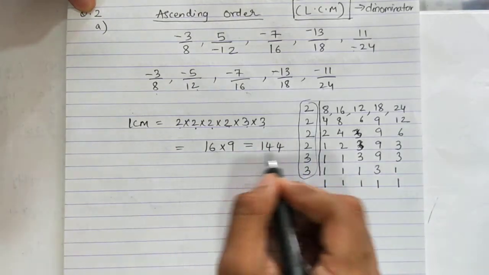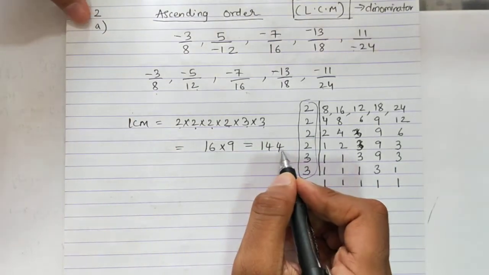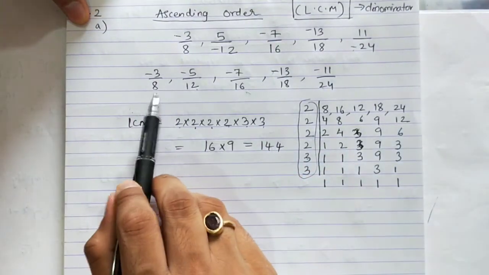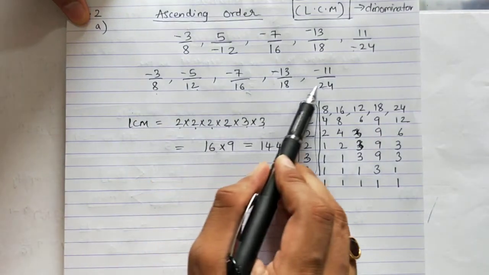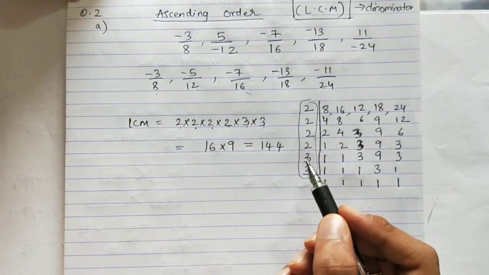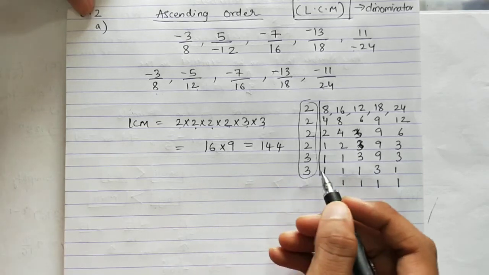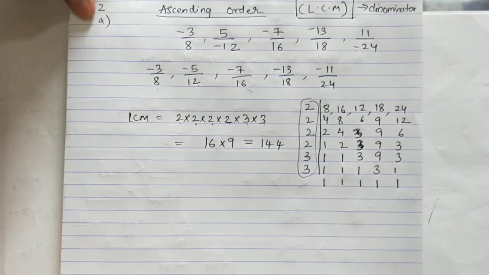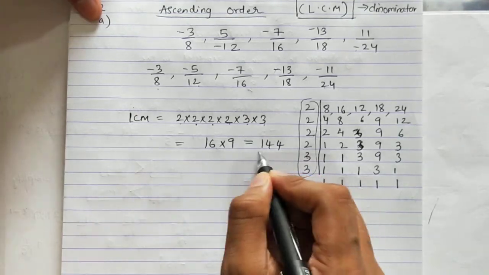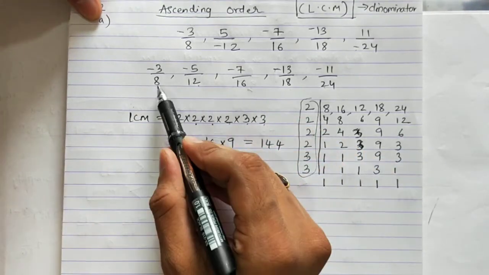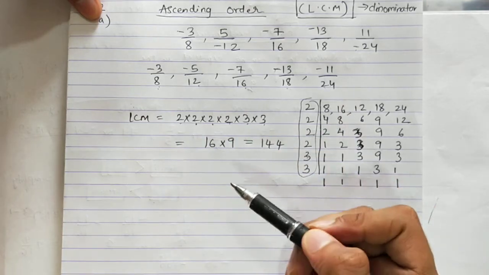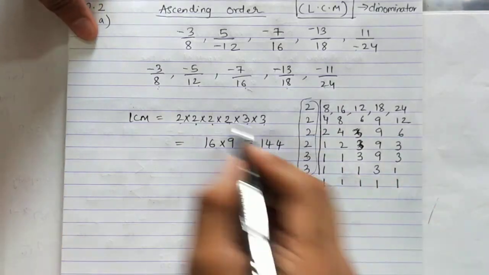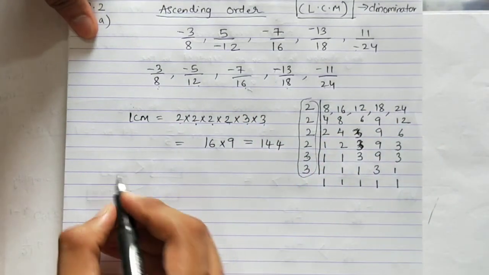Now once you get the LCM, we have to make all denominators the same. Now we got the LCM 144, so I'll make all the denominators 144.